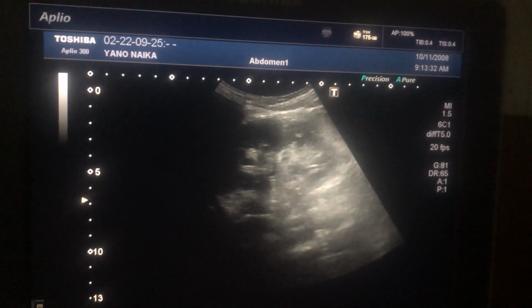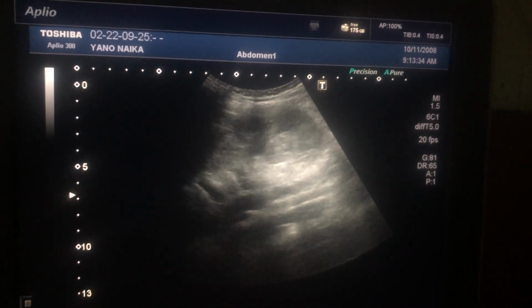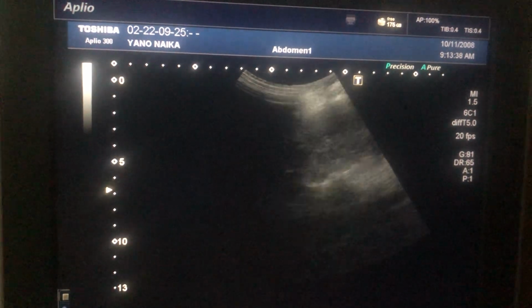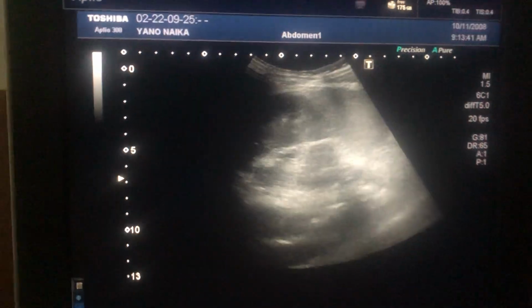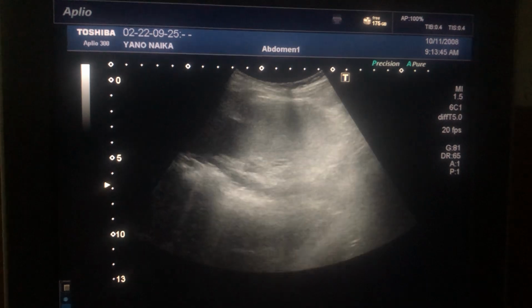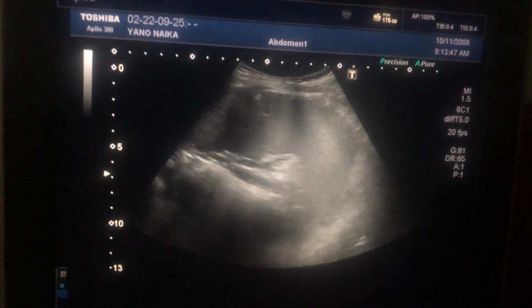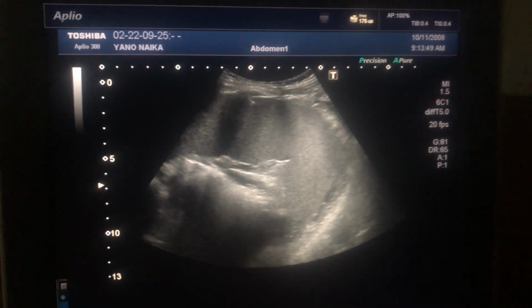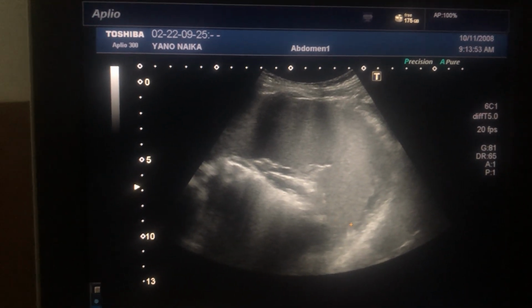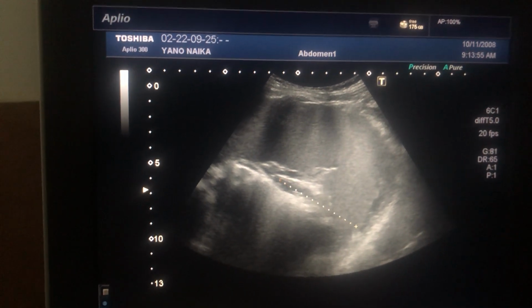Now towards the left we can see that the left kidney is normal. However, this large structure over here is the spleen, which on average is as large as the liver, which means this patient has splenomegaly.